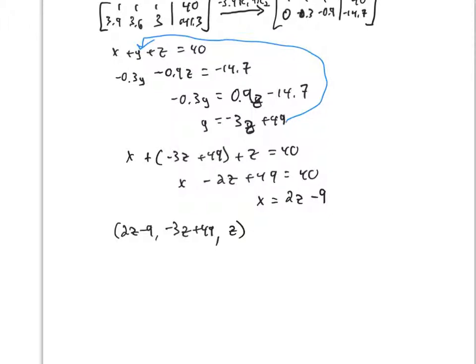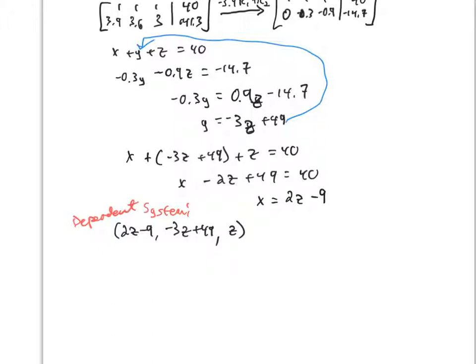So again, we're going to call this a dependent system. What that means is that I can get all the solutions to this system, but I just have to pick a value for z. And as long as I pick a value for z, then the values for x and y will fall in accordingly with what my choice is for z.